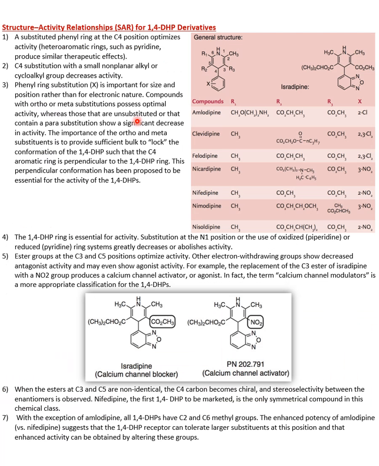Okay, let's talk about the structure-activity relationship for the 1,4-dihydropyridines. We'll only talk about the 1,4-dihydropyridines structure-activity relationship. We will not talk about diltiazem or verapamil. As far as the structure-activity relationship, I do not expect you to memorize these, but you should be able to use them.